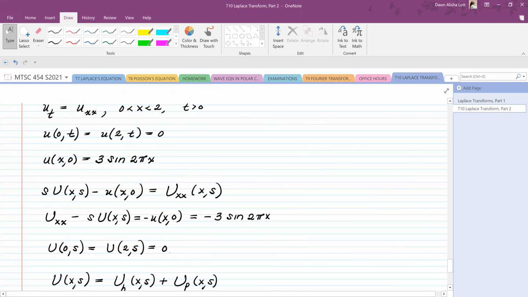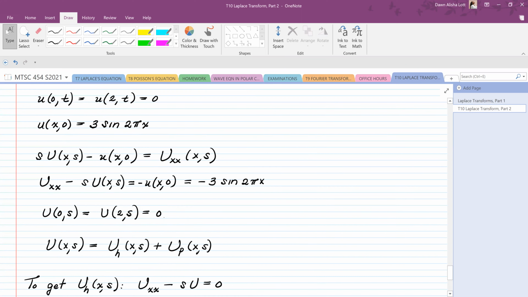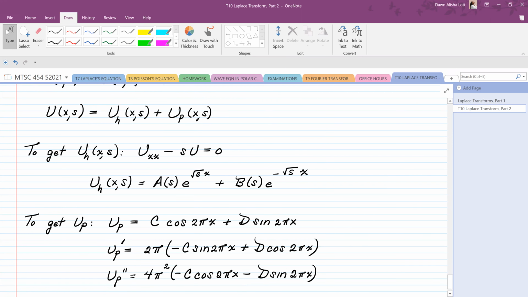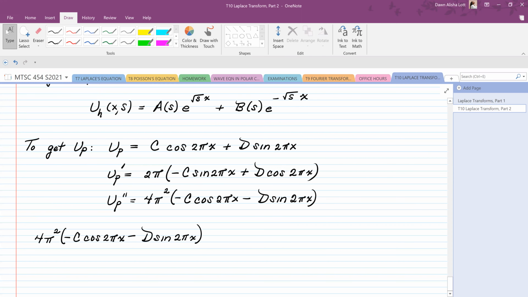Yes, minus s times c cosine 2 pi x plus d sine of 2 pi x. And that has to equal -3 sine of 2 pi x.